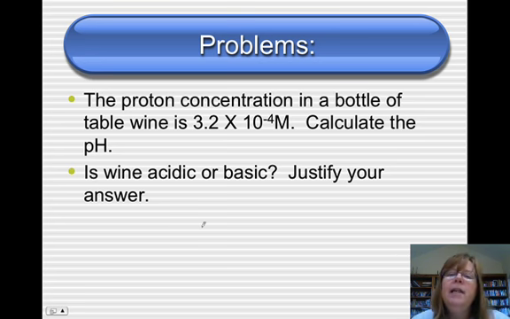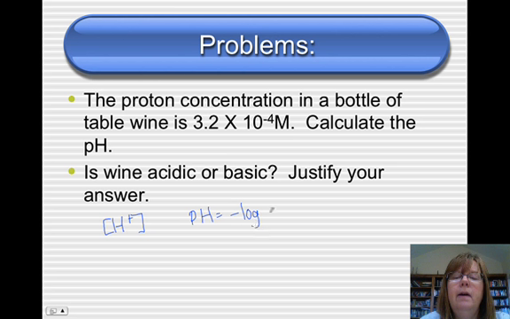A typical bottle of table wine has a proton concentration of 3.2 times 10 to the negative 4th molar, and they would like to know the pH. Well, the pH is equal to the negative log of 3.2 times 10 to the negative 4th.